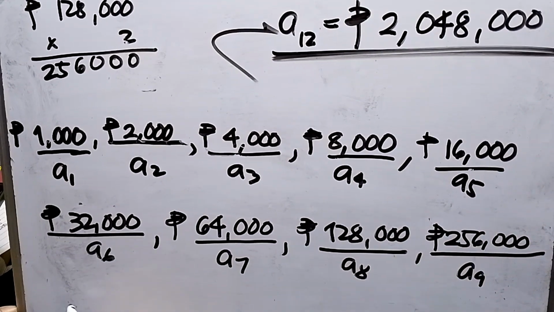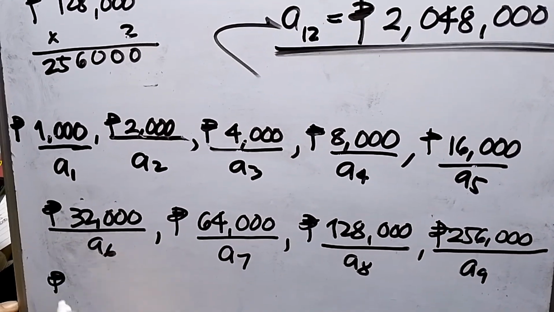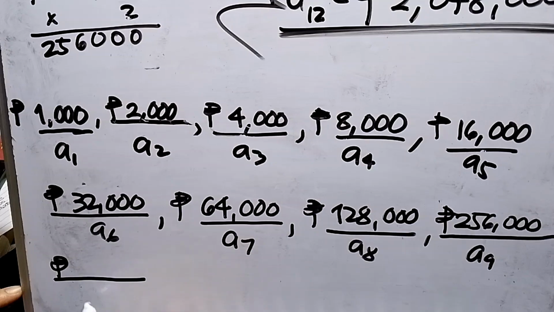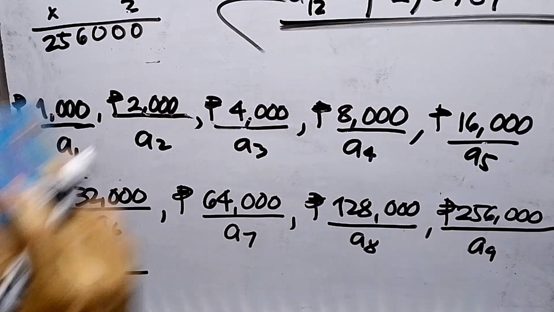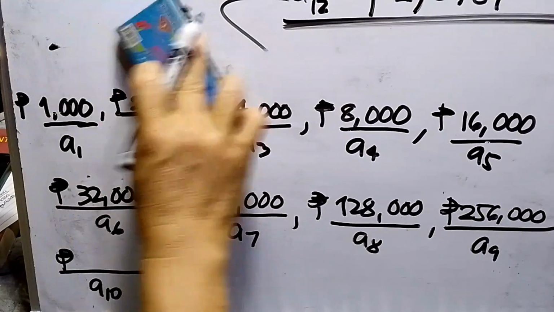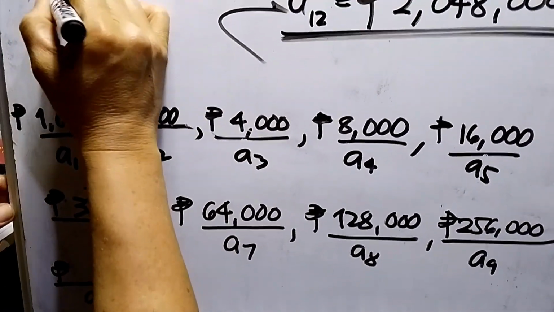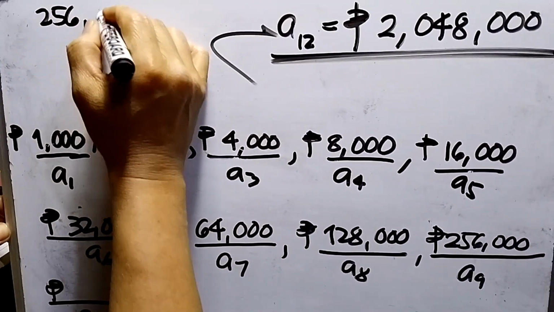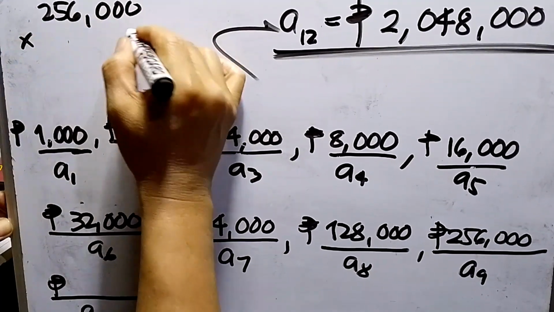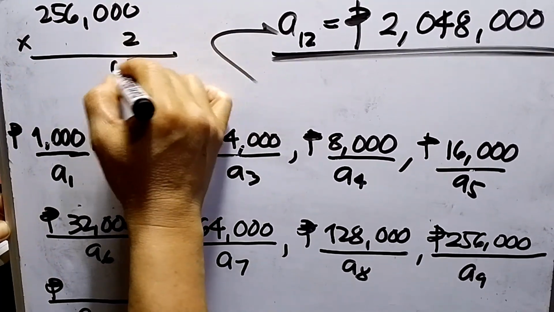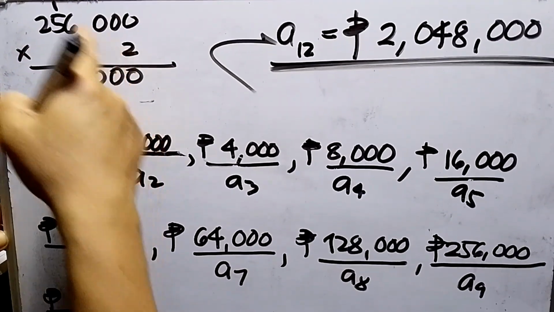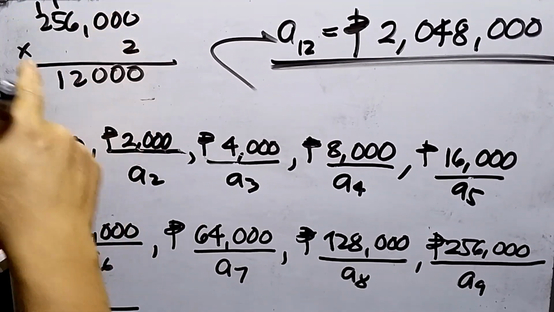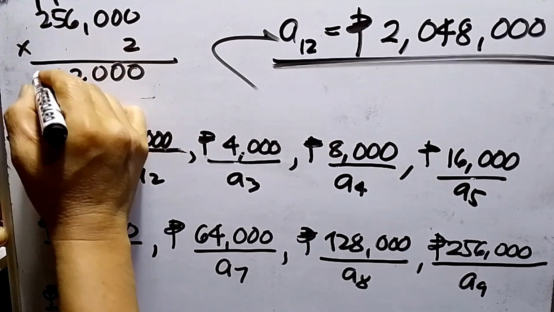Then A sub 10. We are almost finished. A sub 10 is 256,000 times 2. So this will be 0, 0, 0, 12, carry 1. 5 times 2 is 10, plus 1 is 11, carry 1. 2 times 2 is 4, plus 1 is 5.